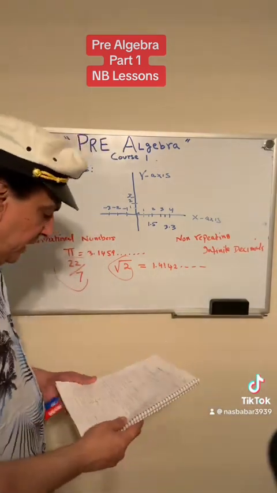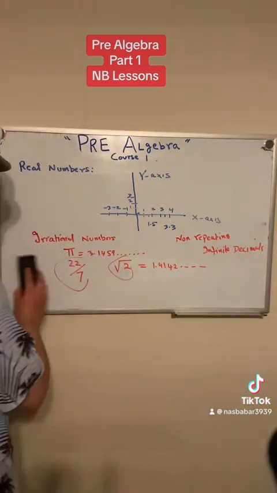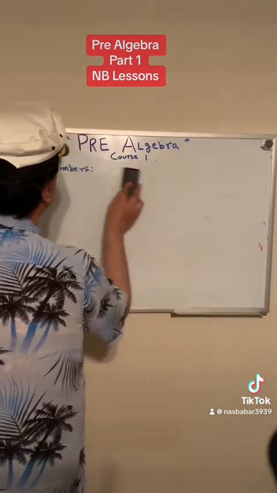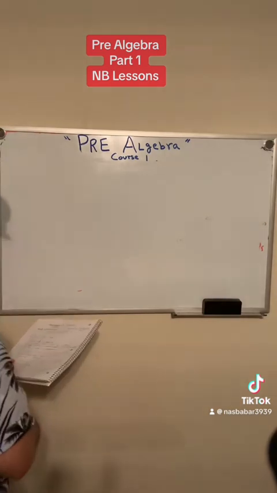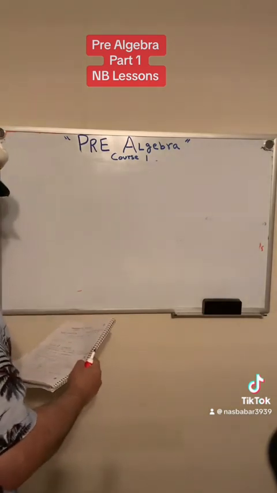Now let's get to what are rational numbers. I'm going to erase this. Rational numbers are numbers which can be written as fractions.